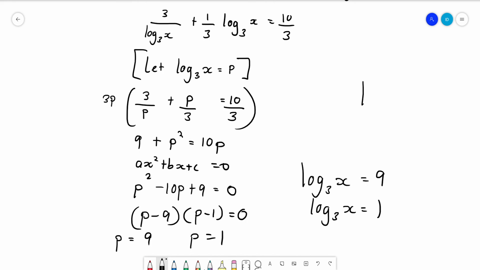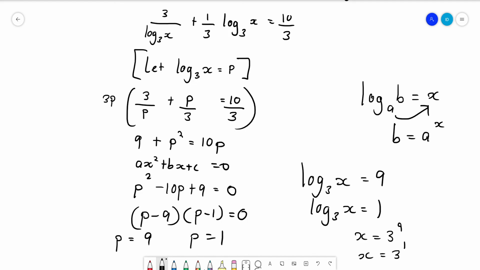We use this law where log base a of b is equal to x, and to eliminate the log, we bring a to the right-hand side to become a power, so b is equal to a to the power of x. Same goes for this, we get x is equal to 3 to the power of 9 and x is equal to 3 to the power of 1. Both of these are the right answers.